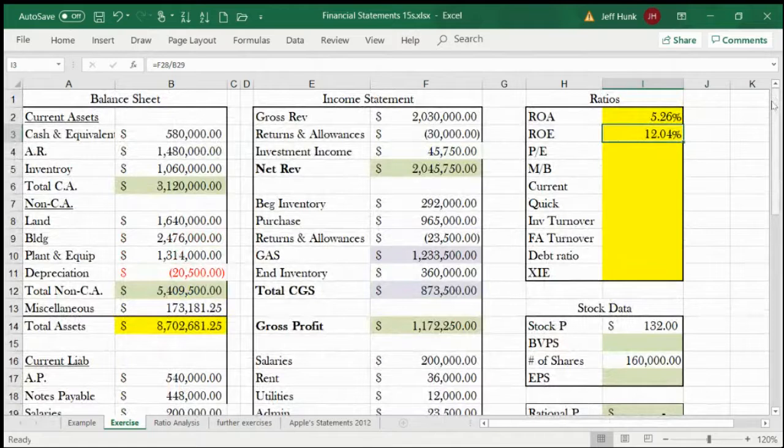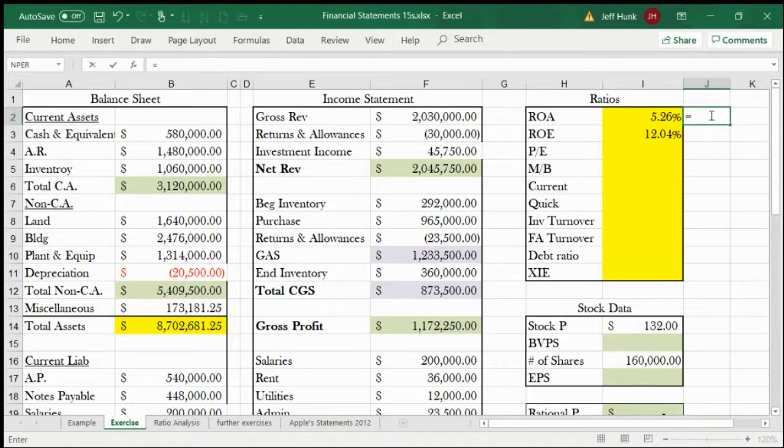Now here's one thing that we need to discuss. There's a variant of ROA. The formula for return on assets is usually understood as net profit over total assets.